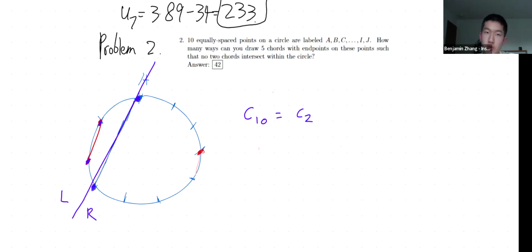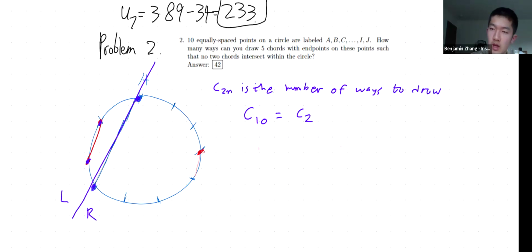So we say that C of 2n actually, I should make this definition at the top, C of 2n is the number of ways to draw n non-intersecting segments.